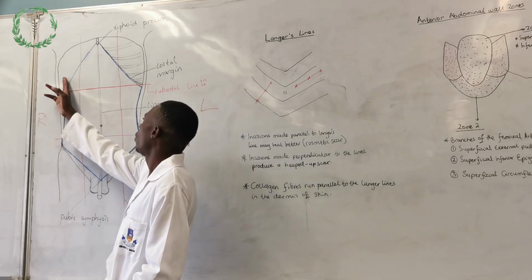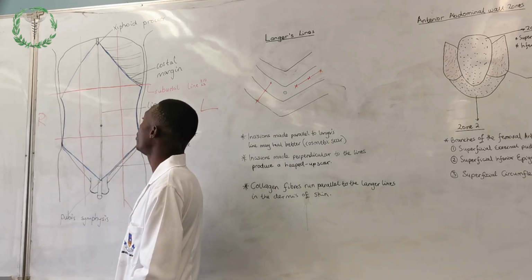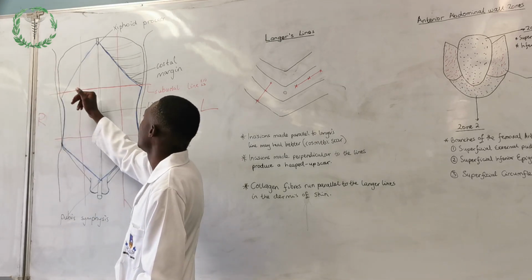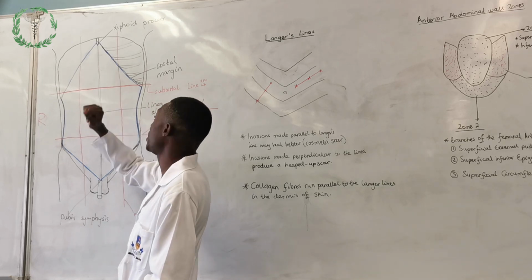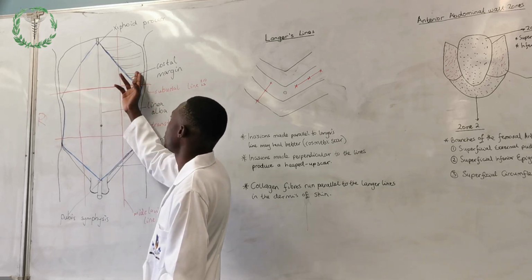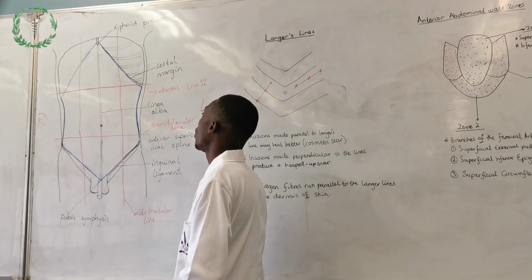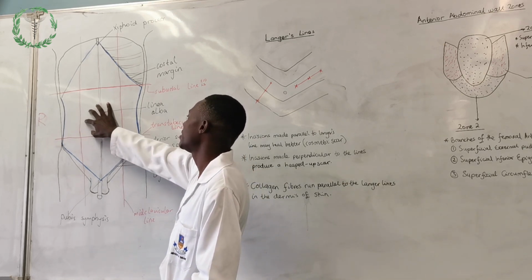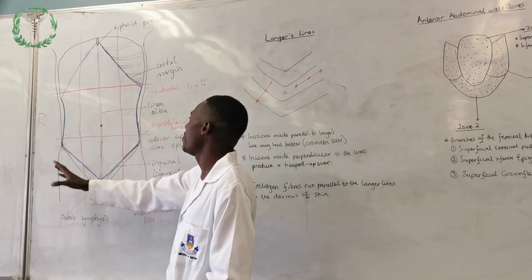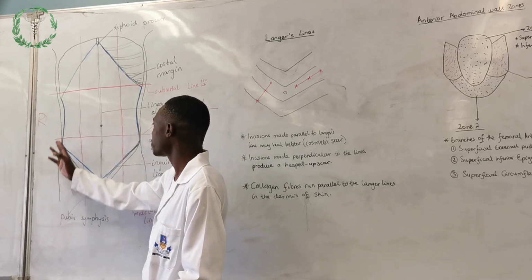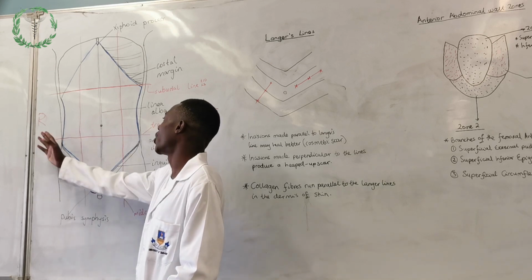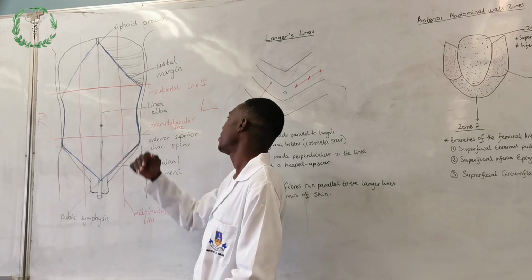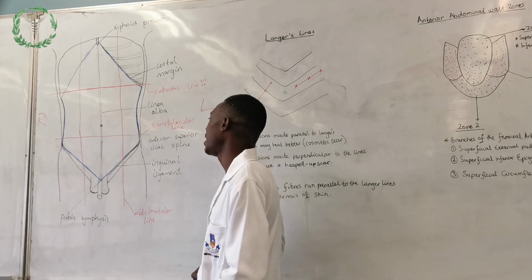Here we have the right hypochondriac region, and then the epigastric region, and then the left hypochondriac region. In the middle, that's the umbilical region. Then here we have the right flank or right lumbar region, and here the left flank or left lumbar region.